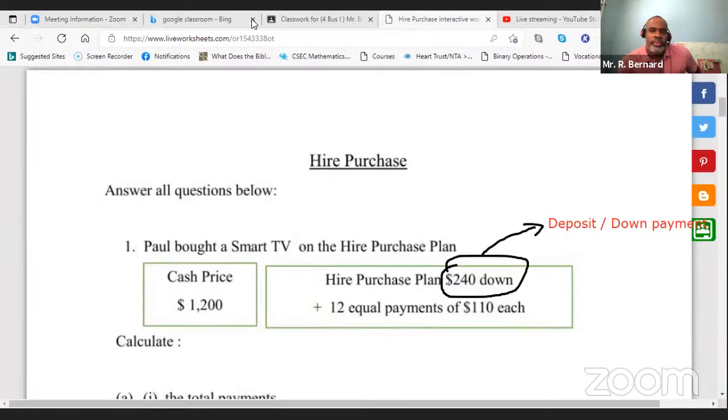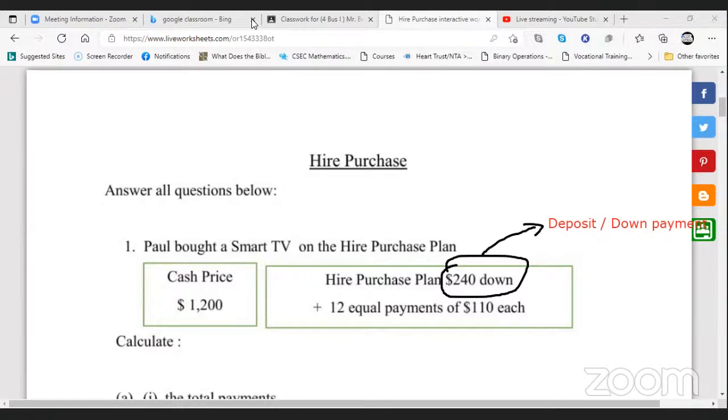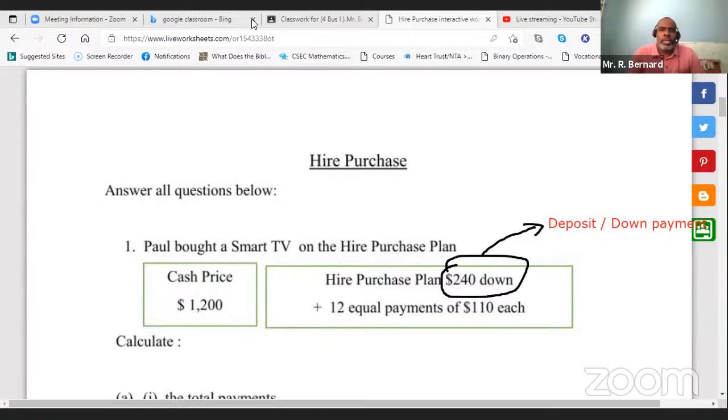Pay $110 12 times. Okay, so you pay $110 12 times.